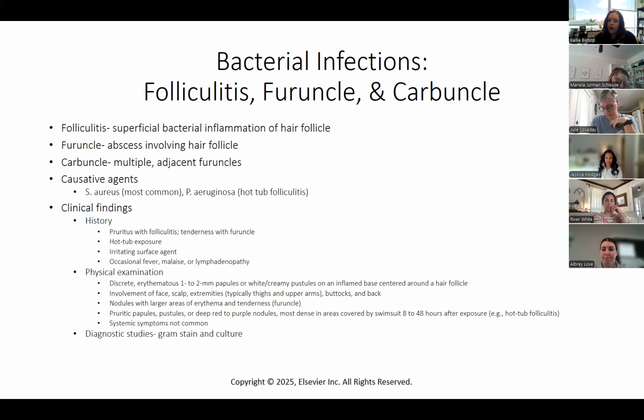Sometimes this will start as folliculitis and then turn into a furuncle, or they'll have a more widespread folliculitis and then have one area with a furuncle. It usually starts out itchy because it starts as folliculitis, and then the furuncles are painful, which makes sense because it's an abscess. If they have a rash and hot tub exposure, it's probably hot tub folliculitis. Sometimes they can have some systemic symptoms, but not always, and not most commonly.